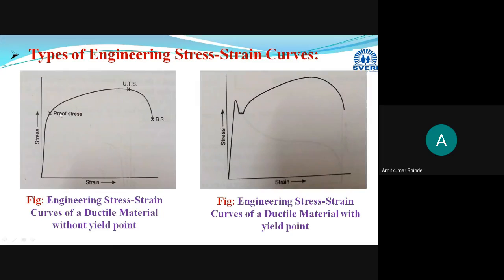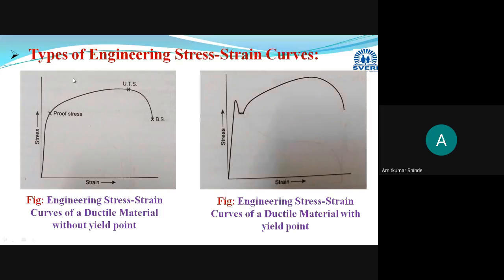That will be termed as the proof stress. And this is the ultimate tensile stress, the maximum stress that material can carry without failing. And the material will break at a particular stress value. That will be termed as breaking stress or fracture stress.